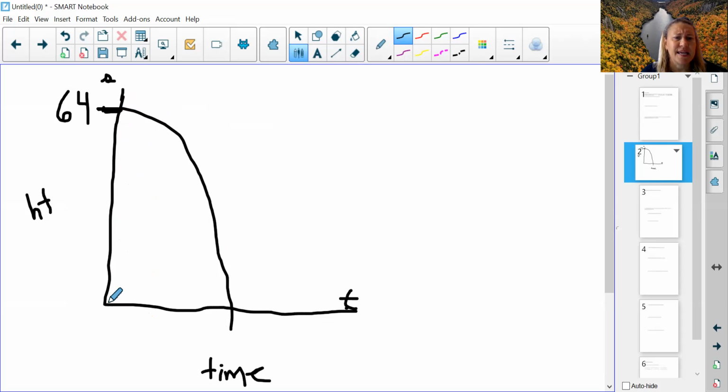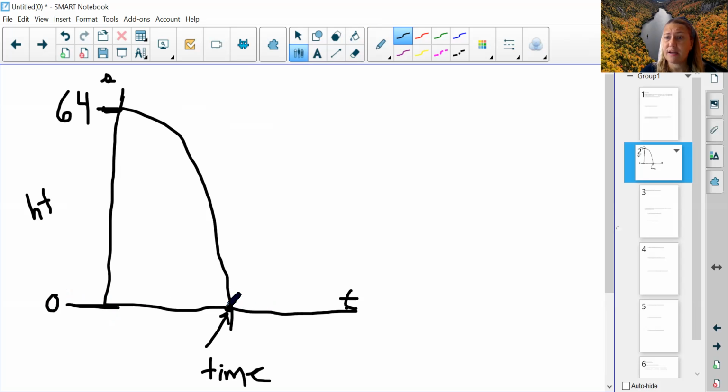So anyway, it hits the ground. What's the height at the ground? What I'm looking for is the time at which the object hits the ground, this value of t right here. Well, what's the height? The height would be 0.